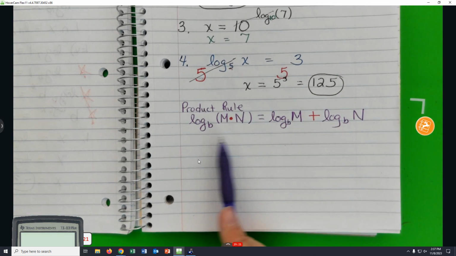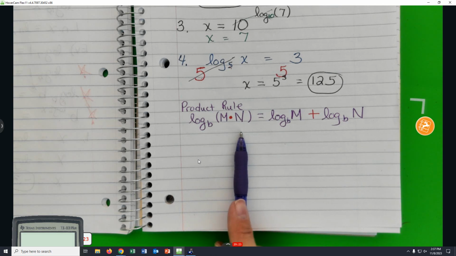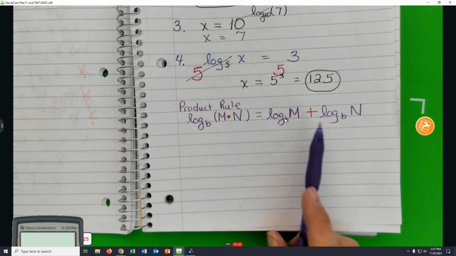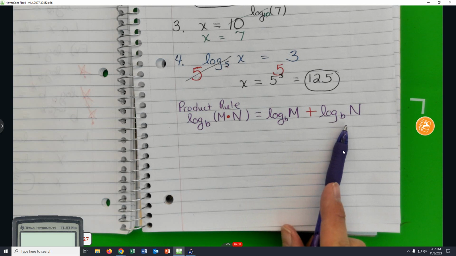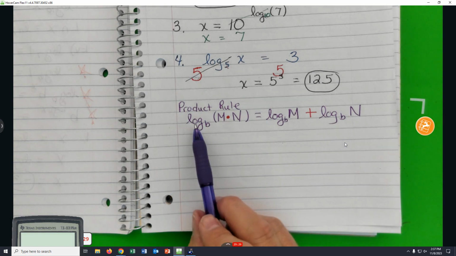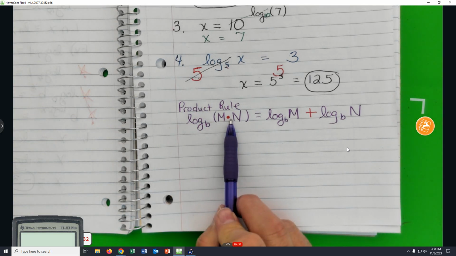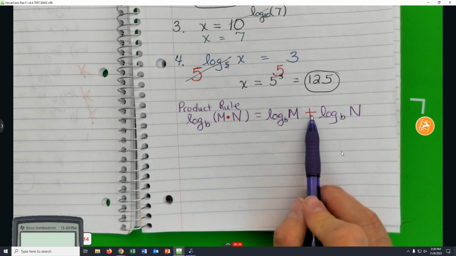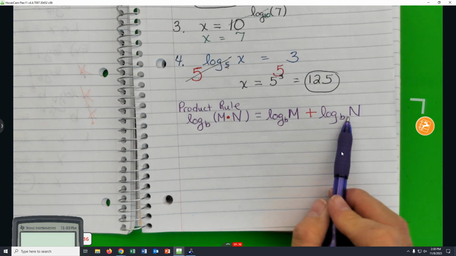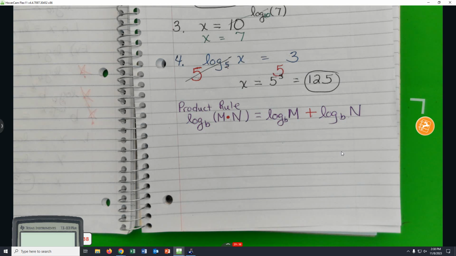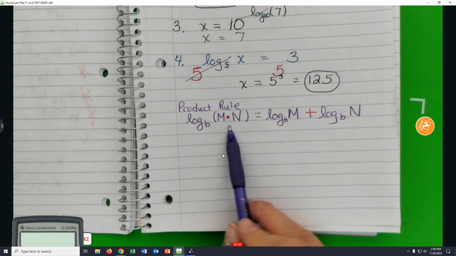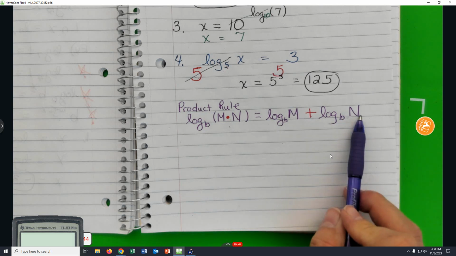Log base b of m times n is log base b of m plus log base b of n. So what it says is if you have the log of a product, you can write it as the sum of 2 logarithms. There's another good thing. If someone wants to talk math with you or something, tell them the log of a product is the sum of 2 logarithms. Right?